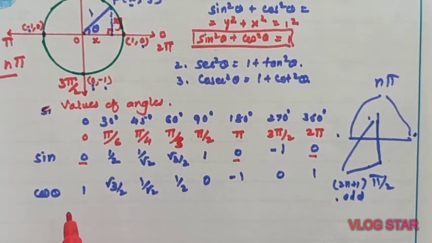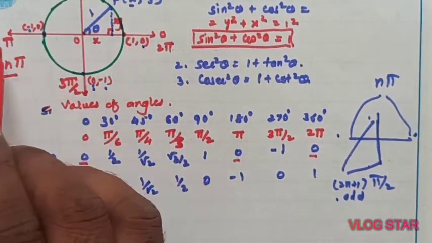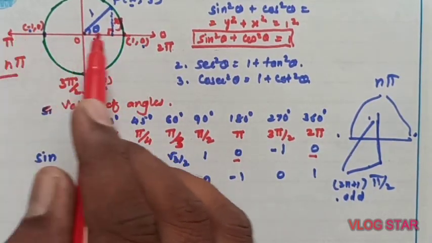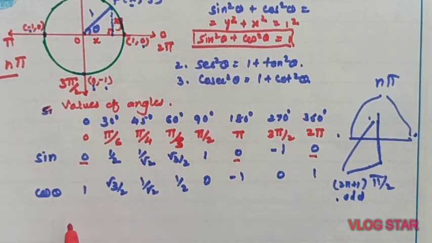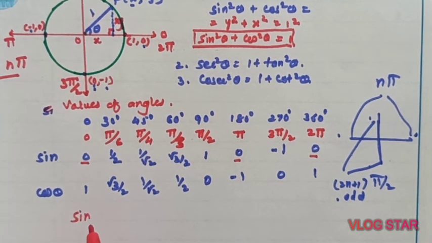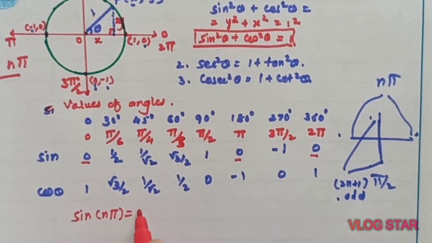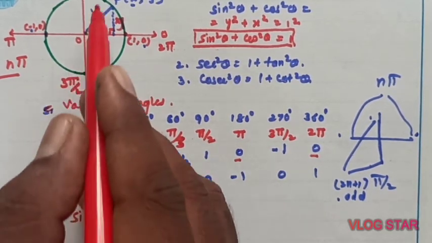So the conclusion is that whenever your terminal arm is on the x-axis, sine becomes 0, which means whenever your angle is a multiple of pi, sine is 0. And when is cos 0?